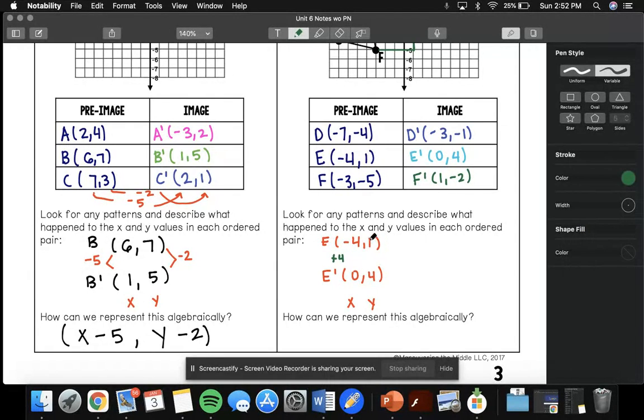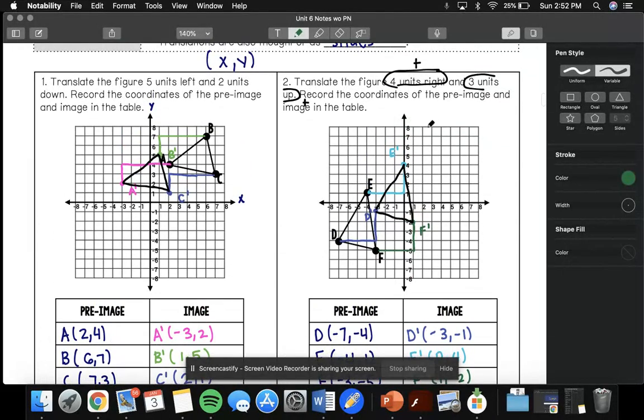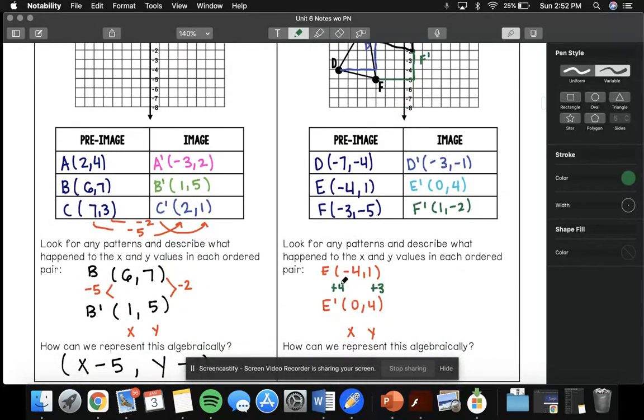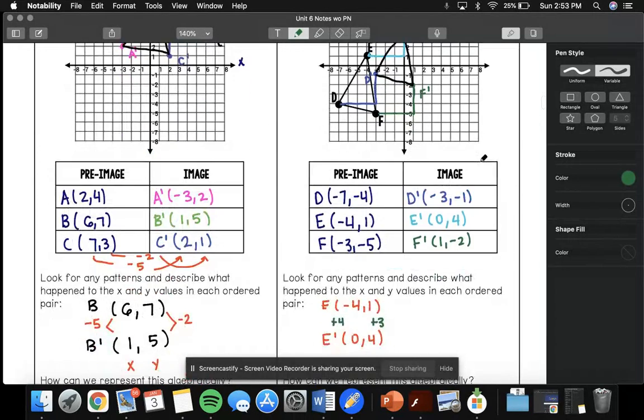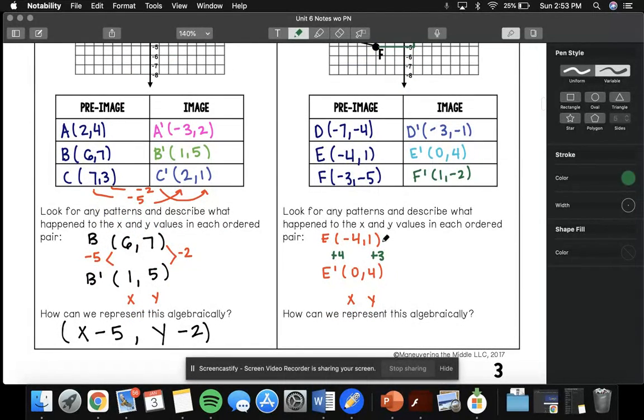To go from 1 to 4, we would have to go up 3. And if we look, it shows we had an idea that it'd probably be going up, and that is right. We had to go up 4 on our x coordinates. To go up 3, our y coordinates had to go up 3.